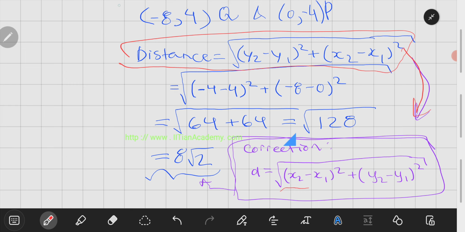And we write down our 2 points, point Q and point P. And we can evaluate this root. It actually should be written in the reverse order, but we get (negative 8 minus 0) squared plus (4 minus negative 4) squared, so that we get the square root of 64 plus 64, which is equal to the square root of 128, which can simply be written as 8 times the square root of 2. And that will be your answer for the distance between point Q and point P.